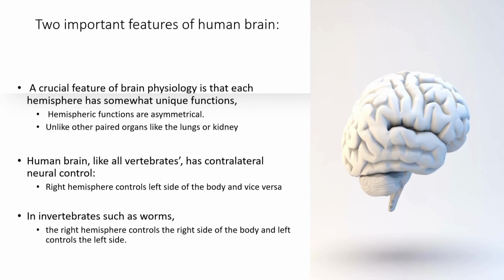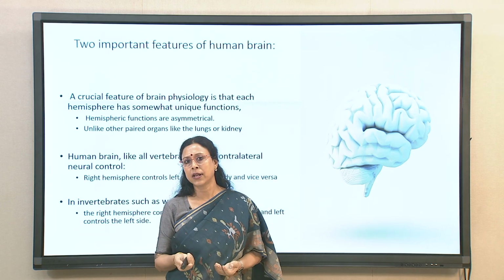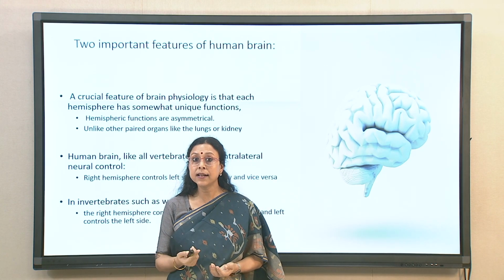When two different kinds of functions are located in two hemispheres, the primary nature of these two is asymmetrical, as in there is no one to one mapping between the left and the right hemisphere. Unlike other paired organs, both of your lungs will be functioning the same way, just like the kidneys do. But the brain does not work that way.